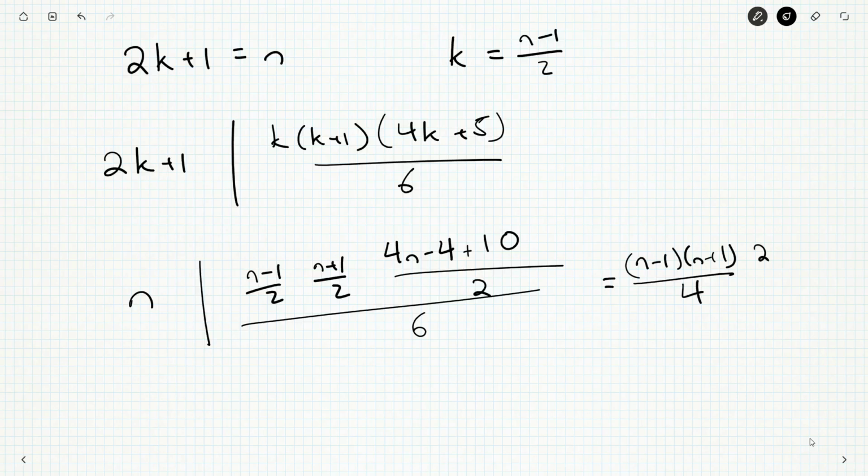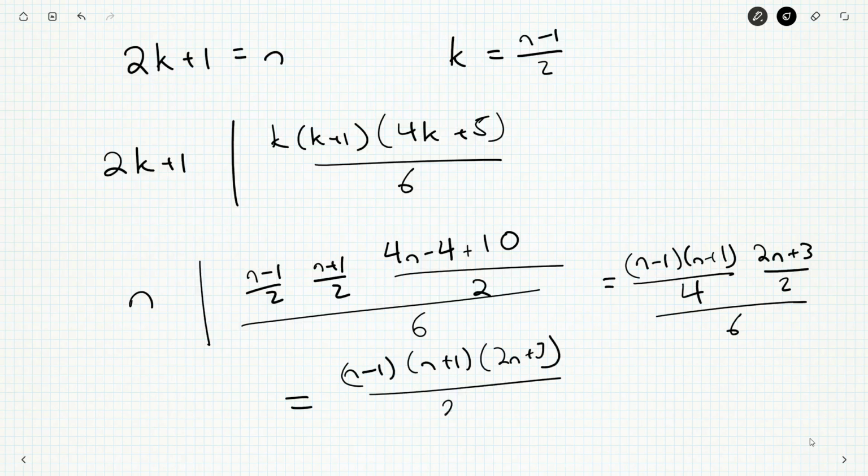I can divide by 2 there, so 2n plus 3 all over 2 all over 6. I get another 24. That's a plus. And now I'm focusing more specifically on my n. I probably could have done this with n as even as well, but I didn't really need to, actually. Okay, great. So n has to divide that.